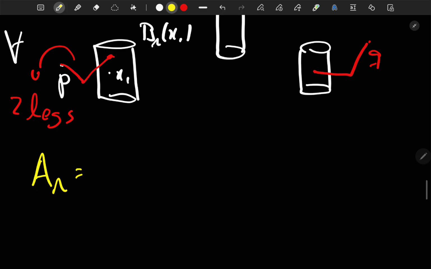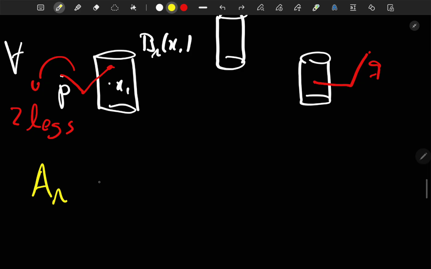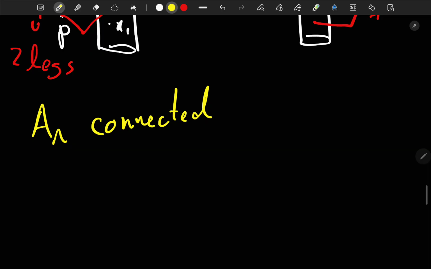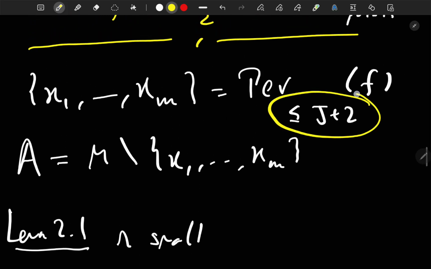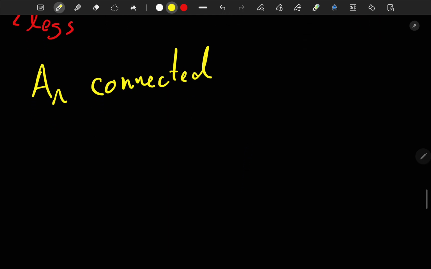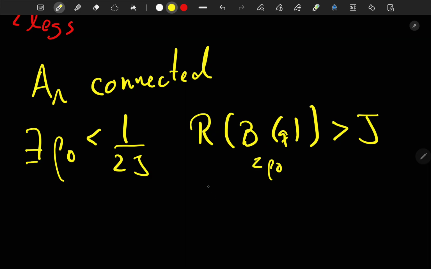AR is still connected, and in particular, since we are outside of the periodic points which have this recurrence, you can choose some small radius such that the recurrence of any ball on any point on AR is large.